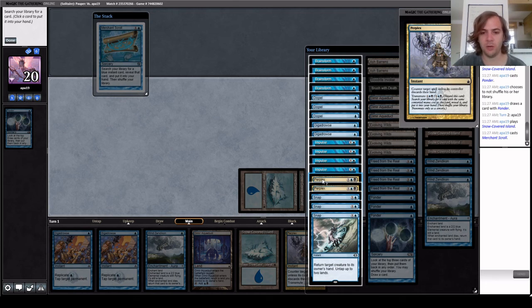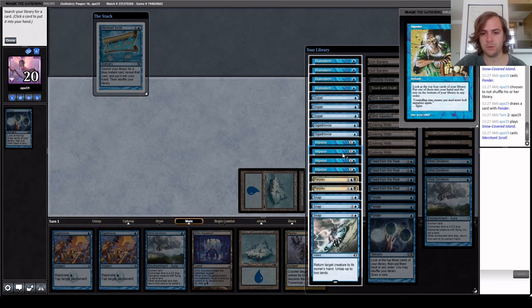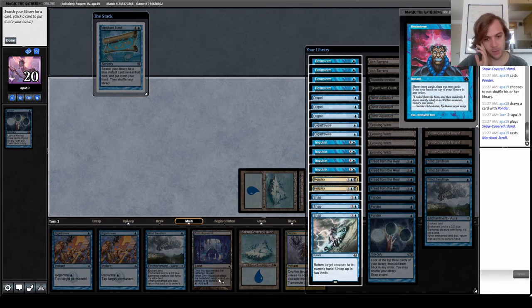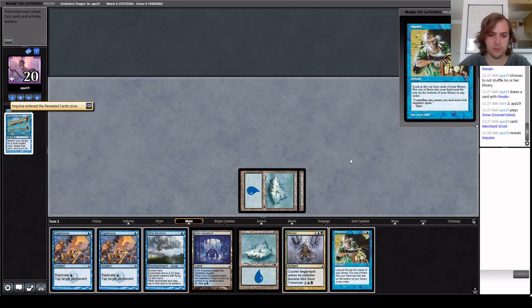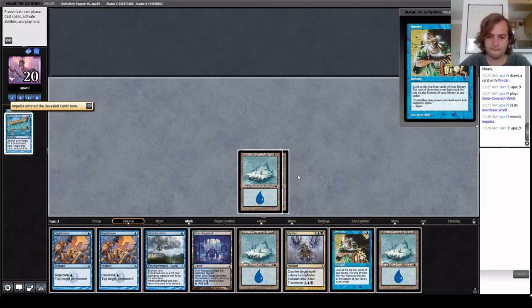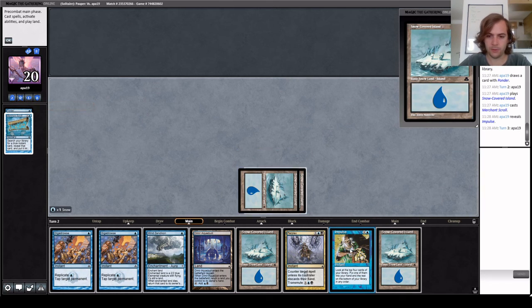Let's say that we don't have that. Let's see. If I find an impulse or a brainstorm, I have so many dead cards I want to find the brainstorm. I'm going to fit the impulse because next turn we're going to have access to 2 mana. We're going to do that.